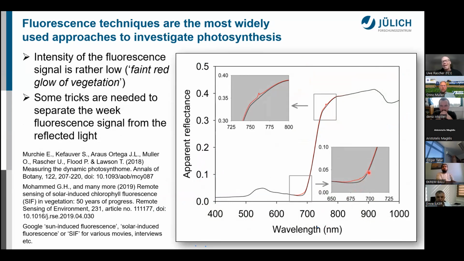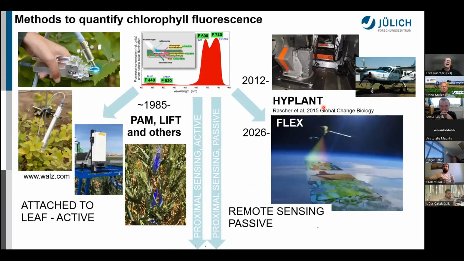So the black line is just the reflected light, and the red line is the reflected light plus the fluorescent signal. So pretty much these little tiny differences are the fluorescent signal only, which we try to use for measurements. And to solve this problem, in the past years we have always used active methods for fluorescence measurements.